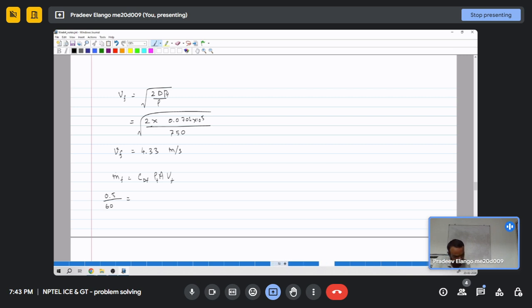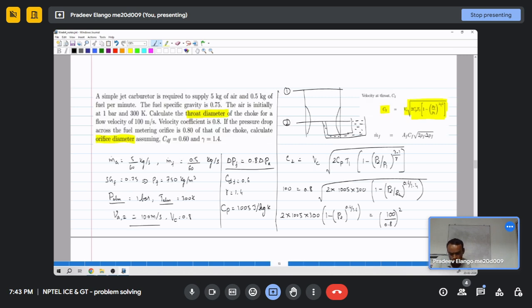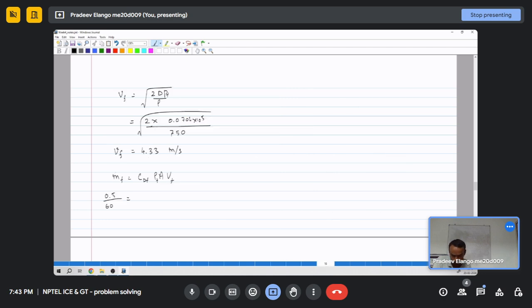CDf was given in the problem, that is 0.6, into density 750, into area of the orifice, pi by 4 d naught square, into velocity of the fuel 4.33.